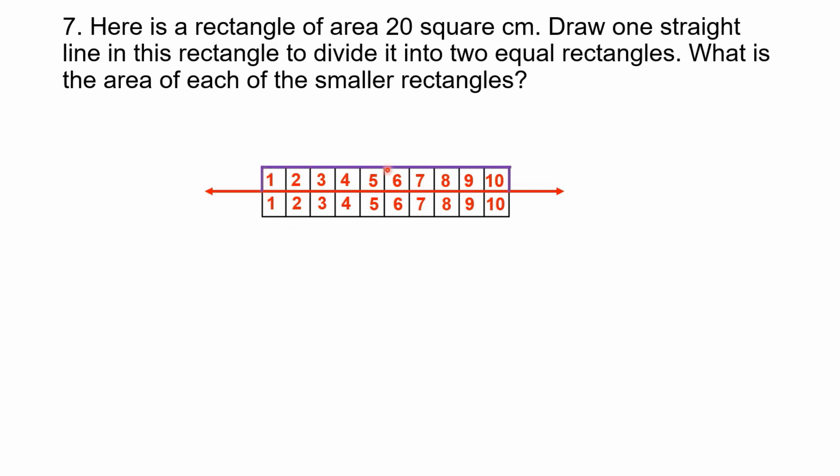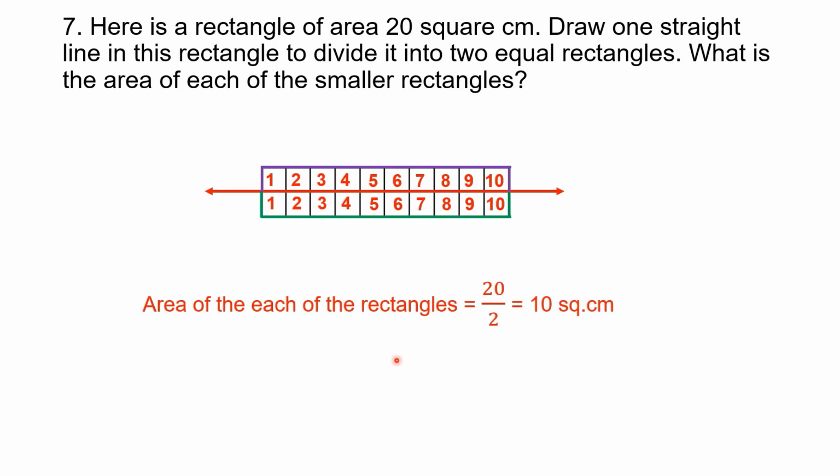This is a rectangle. Let us see another rectangle. This is another rectangle. This middle line is common for both the rectangles. Now you can tell easily the area of each of the smaller rectangles.